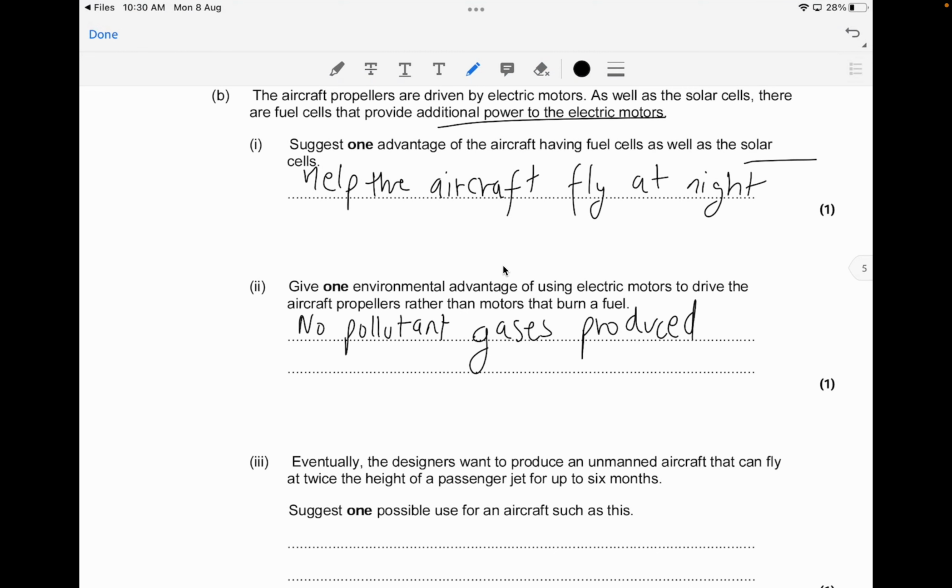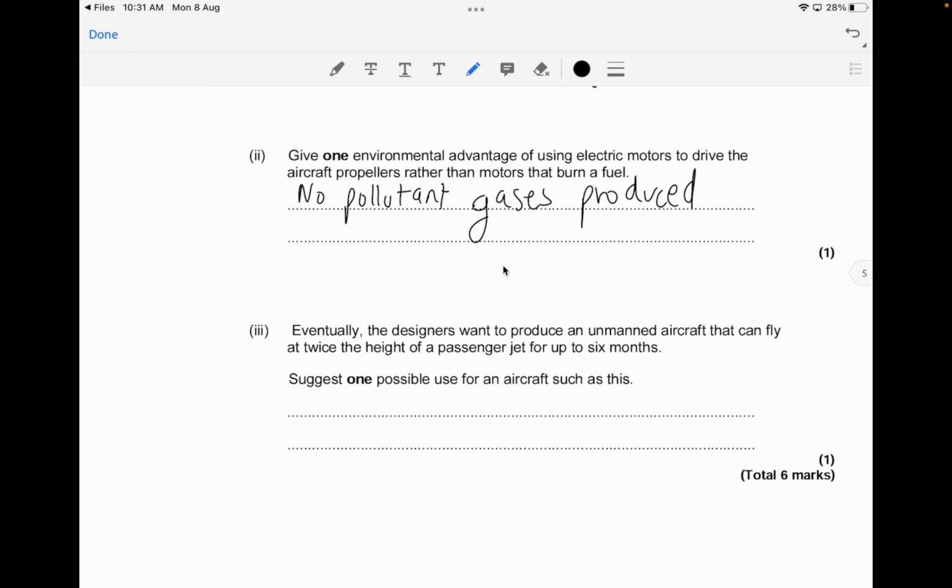You can mention that there's no greenhouse gases. You guys can also mention that there's no air pollution. That should be fine as well. All right. And yeah, you can say that it produces less noise, less demand for fuels. Since it's only for 1 mark, you guys can also mention 1 point.